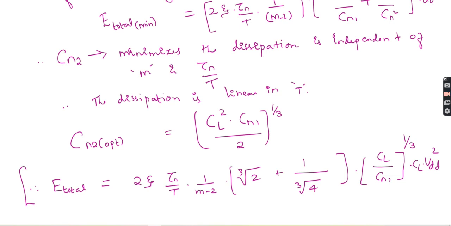You can find it with respect to VDD, or with respect to VTH also, but we are not going to discuss that here. So this is about the adiabatic amplification stage.